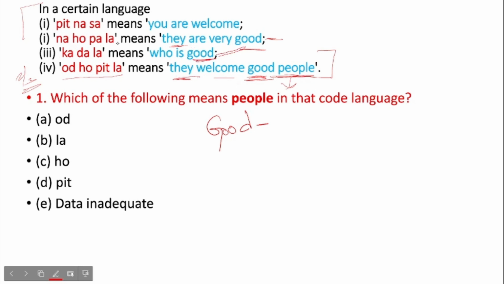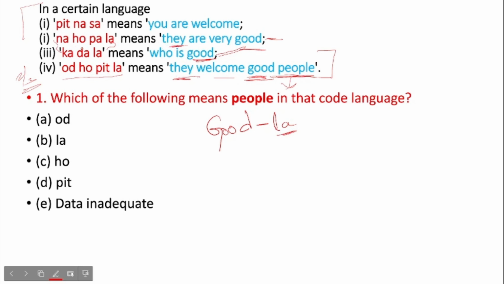If you find the common word in these two statements, we will find the word for good. Here the common word, NAKHODAPLLA, is a common word in the first, second, and third statements. So the code word for good would be LA, and that takes us to they.